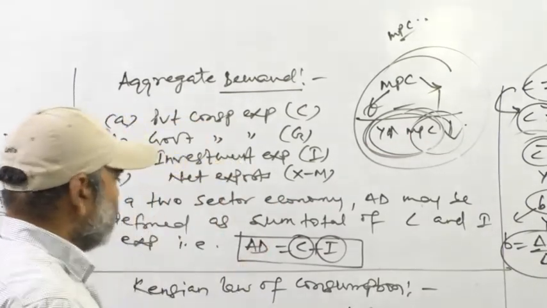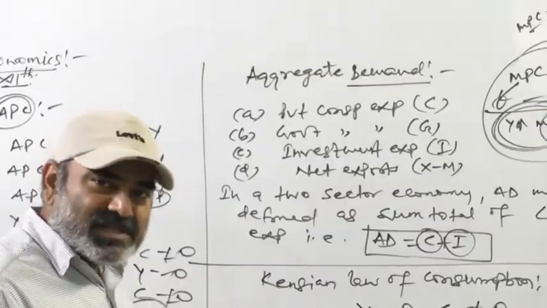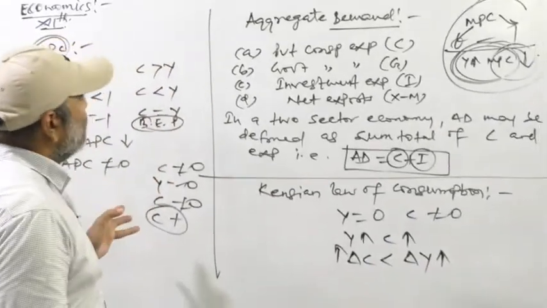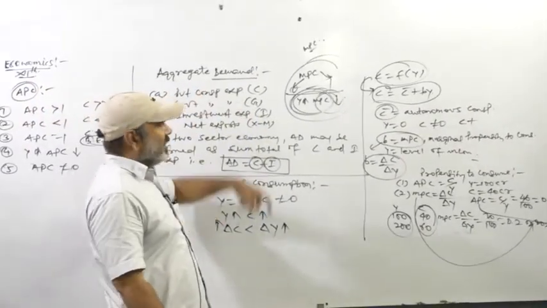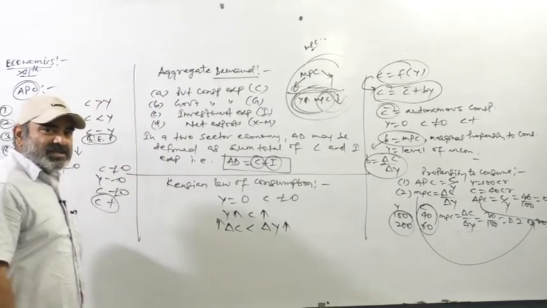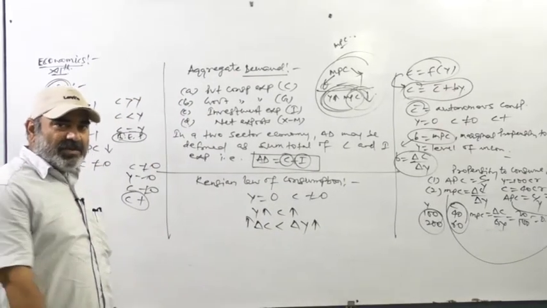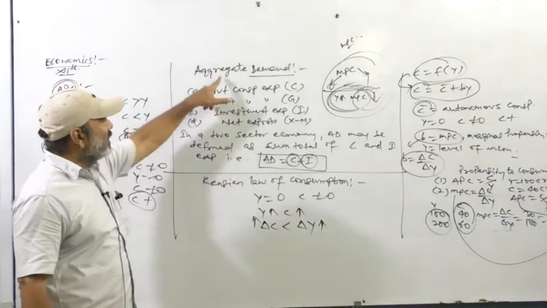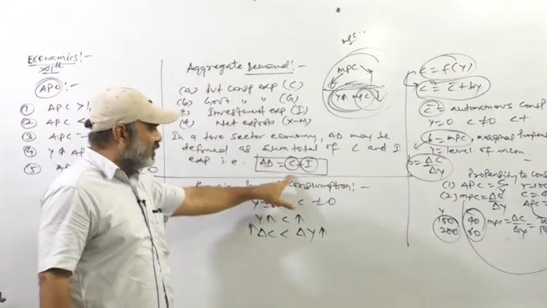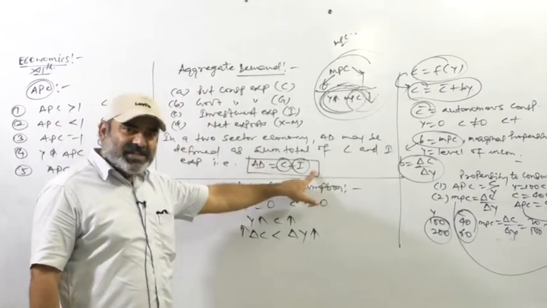So this was according to the syllabus, and we studied in today's class aggregate demand. That means total demand for all kinds of goods and services in an economy during the period of 1 year. In a two-sector economy, AD may be defined as the sum total of consumption and investment expenditure.